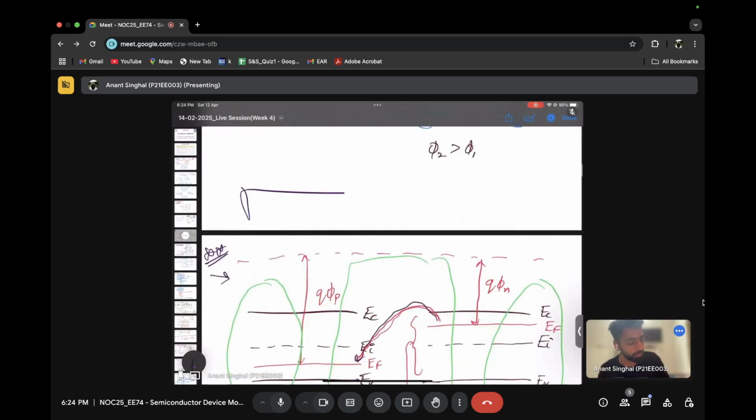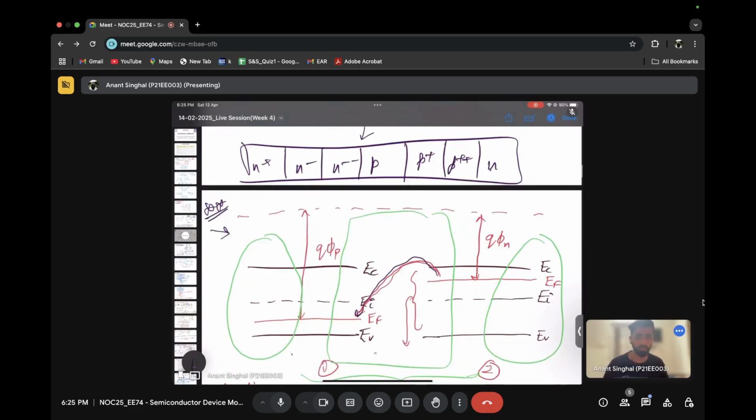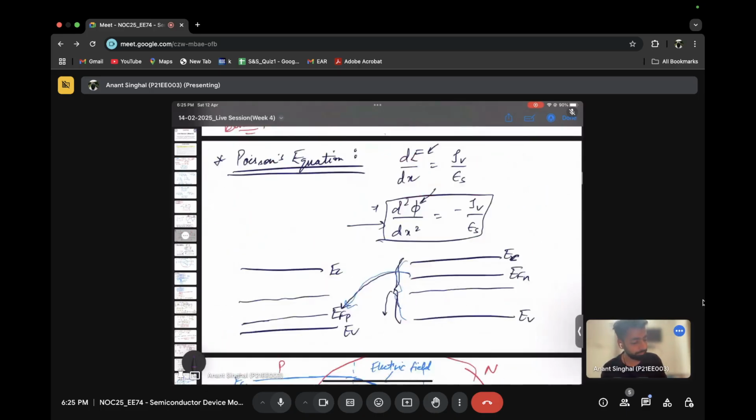Even if you see some very threatening looking device in your exams, such as n plus, n minus, n minus minus, then p, suddenly p plus plus plus, you can make this band diagram in seconds, because you know which part will be on the upper side and which part on the lower side. I hope it makes sense, because this is the most important criterion: you should know how to make a band diagram out of any device.